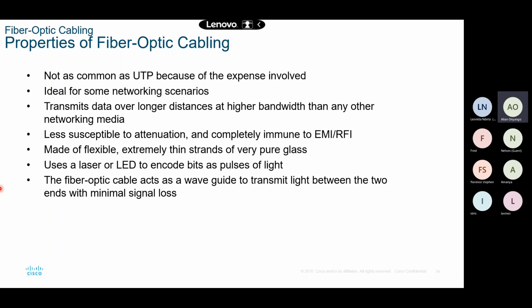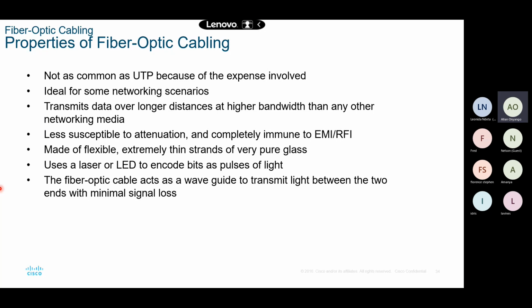And the biggest advantage of fiber optic, unlike copper, which only goes for 100 meters, is that it can go for kilometers, and it transmits data at higher bandwidth than copper, up to about 100 Gbps or 800 Gbps. So fiber optic cable is becoming a better and better solution, used both within the LAN and within the WAN.